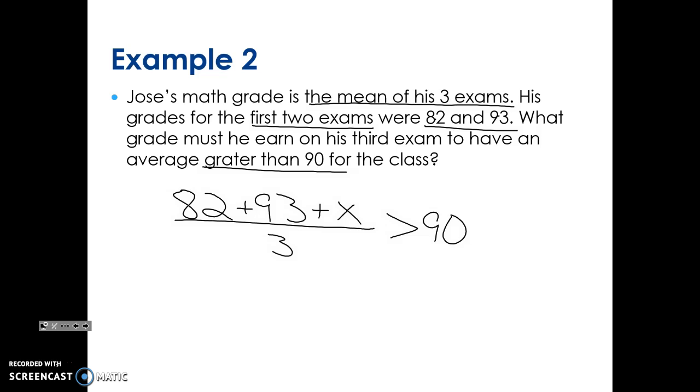So to solve this problem, first thing we want to do is get rid of the division on the bottom. So since we have 3 on the bottom, to get rid of that 3, we need to multiply by 3 on both sides. So when we multiply by 3, the 3's are going to cancel. And on this side, we can go ahead and combine some like terms.